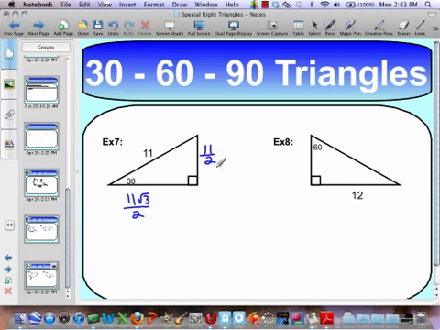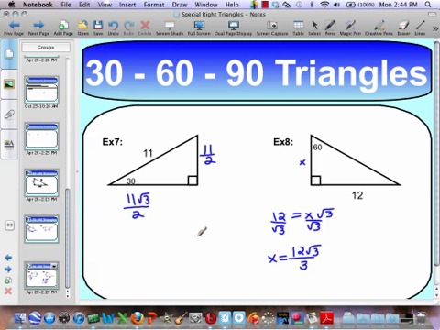Okay, so if we call this X, we know that the longer leg is X times radical 3. So how do you solve for x? Divide by root 3. And therefore x is 12 radical 3 over 3.